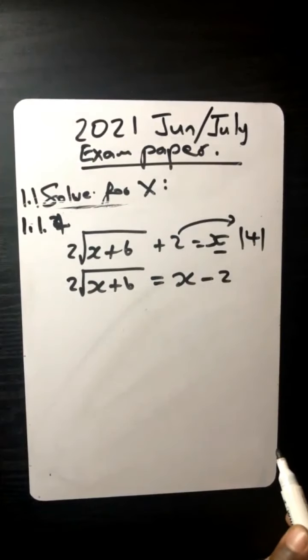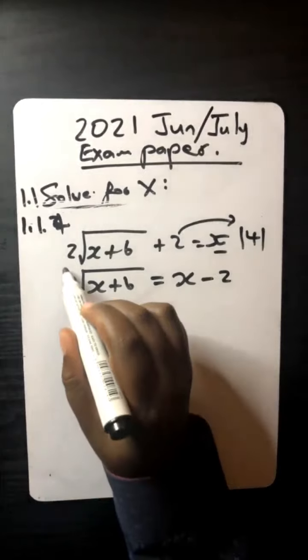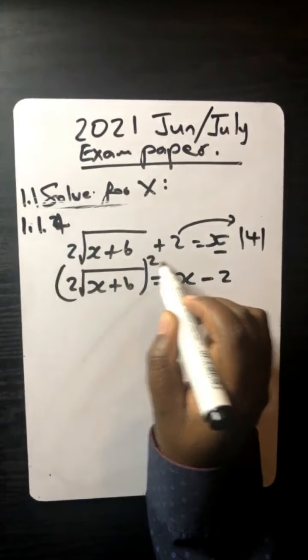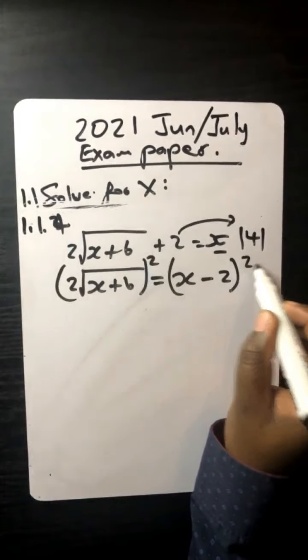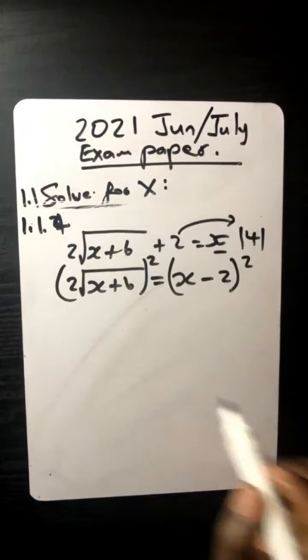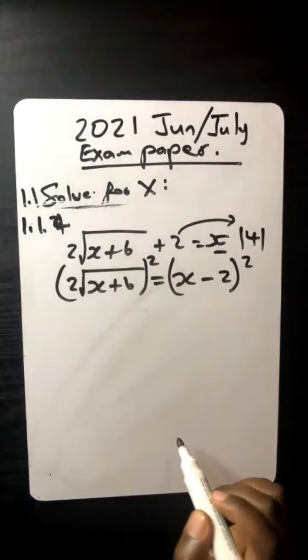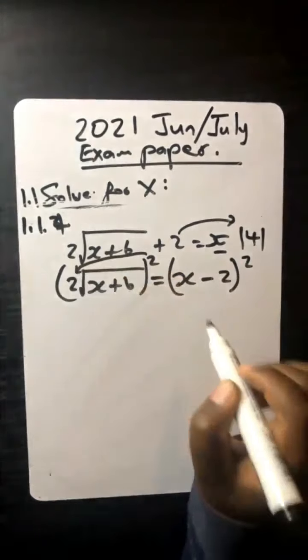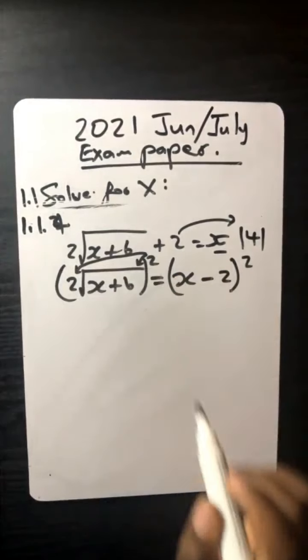It becomes minus 2. You therefore introduce a square on both sides. Why did you have to introduce a square? Because you wanted to get rid of that square root. So that square is going to square that 2, and again is going to remove that square root.